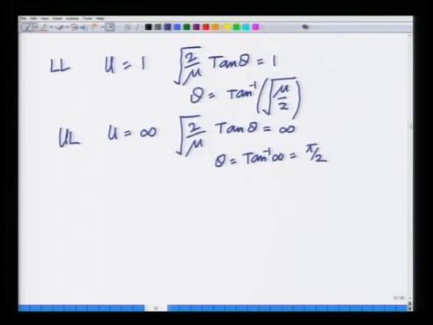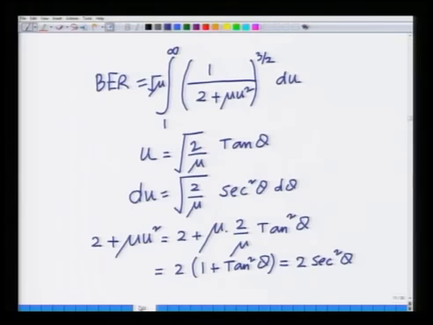Hence, now I can simplify this integral as integral square root of mu. The lower limit becomes tan inverse square root of mu over 2, upper limit becomes pi by 2, into square root 2 over mu secant square theta d theta divided by 2 secant square theta to the power of 3 by 2.